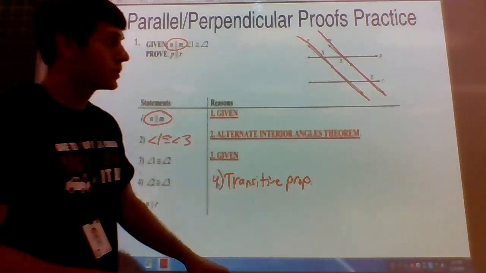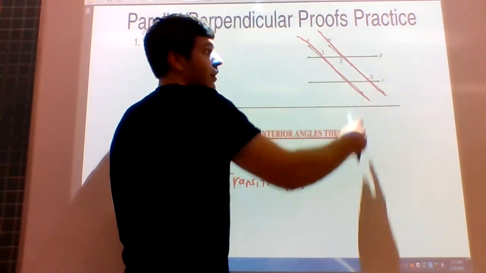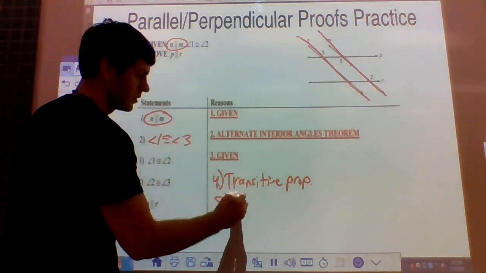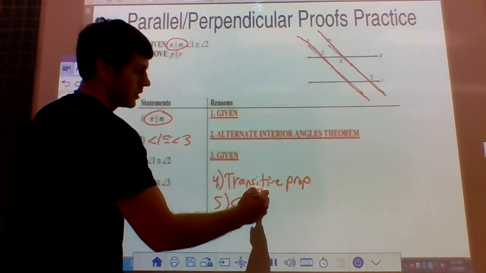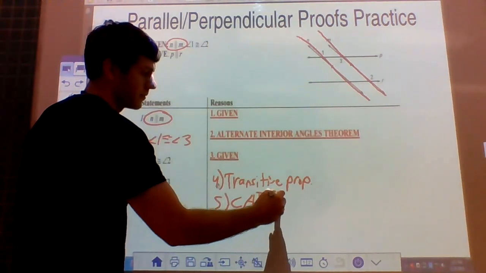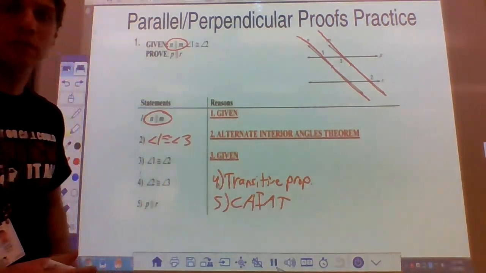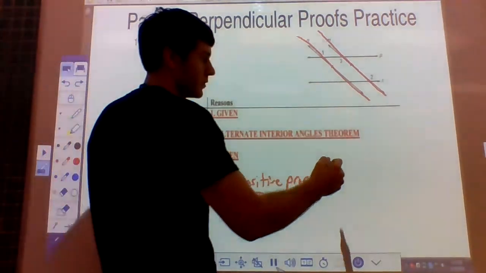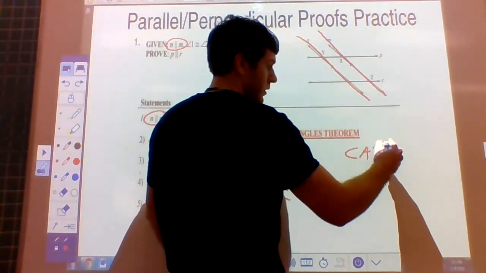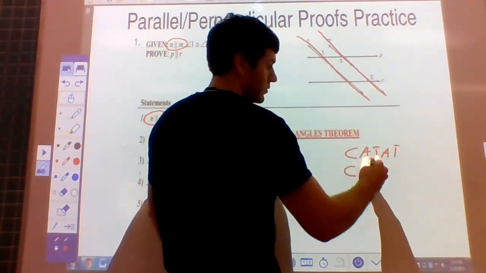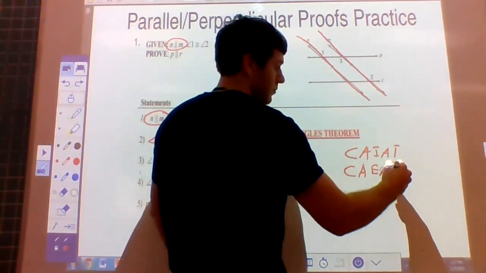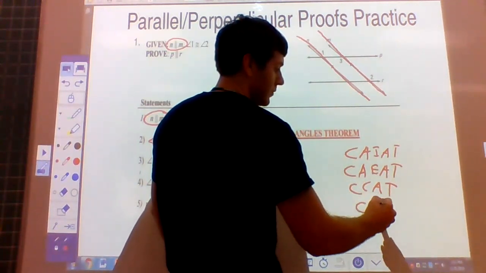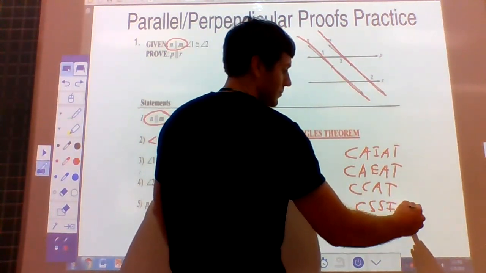Now that we know 2 and 3 are congruent, we have alternate interior angles that are congruent, so we can use our converse to the alternate interior angle theorem. Our converse theorems are the ones that get us parallel lines: converse to alternate interior angle theorem, converse to alternate exterior angle theorem, converse to corresponding angle theorem, and converse to same side interior angle theorem.